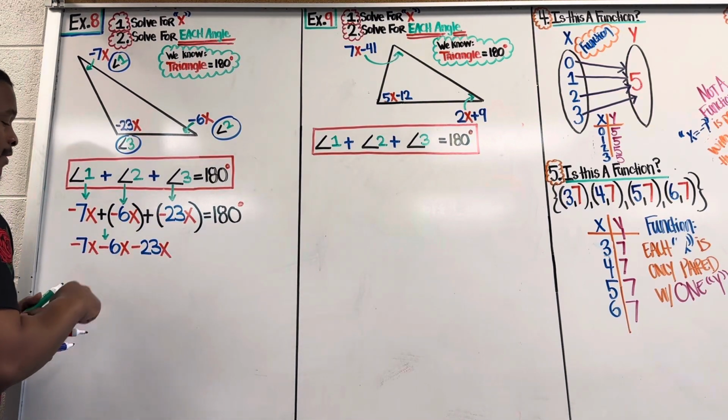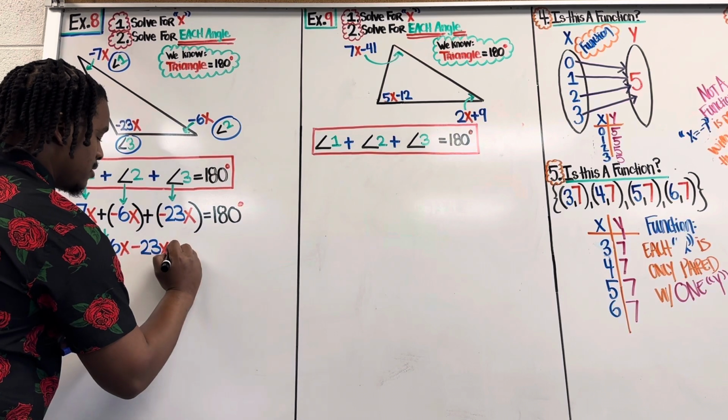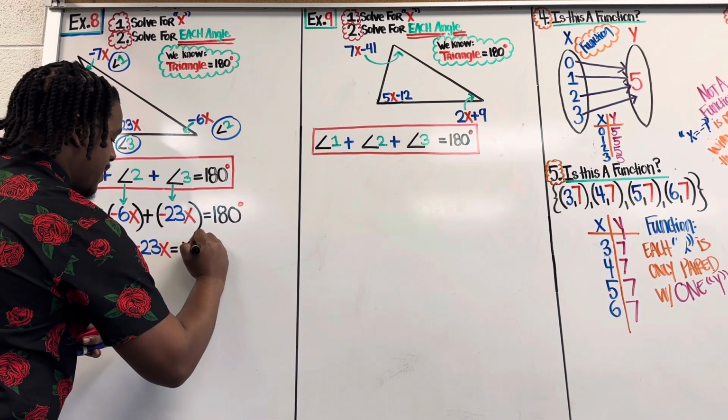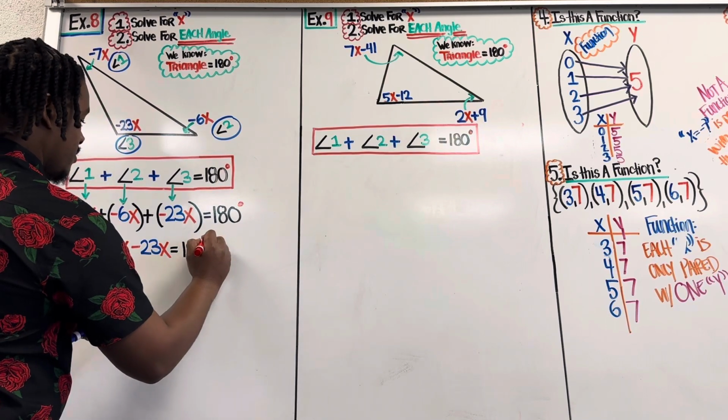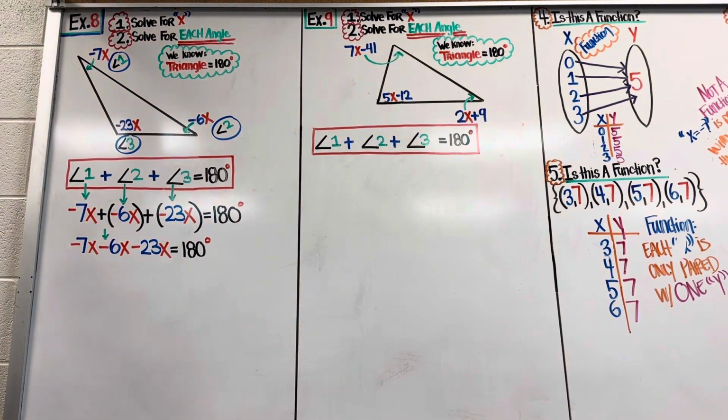And I see that I have all negative coefficients. Since all of these are like terms, we're going to add them all up like positives, but keep the negative sign. So I have negative 7 plus negative 6 plus negative 23, which equals negative 36.